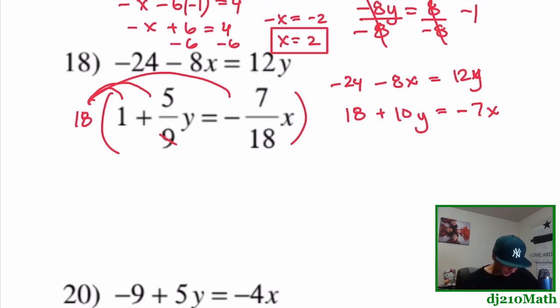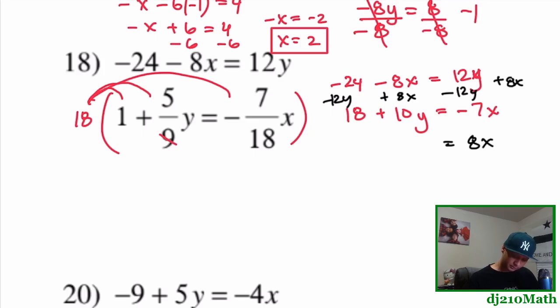So what I'm going to do is add 8x to both sides and subtract 12y from both sides. So I'm going to get 8x, and this is going to be minus 24 minus 12y. I'm thinking.